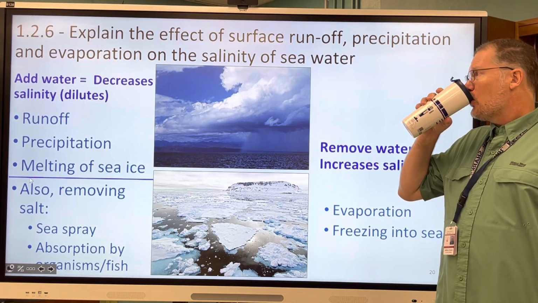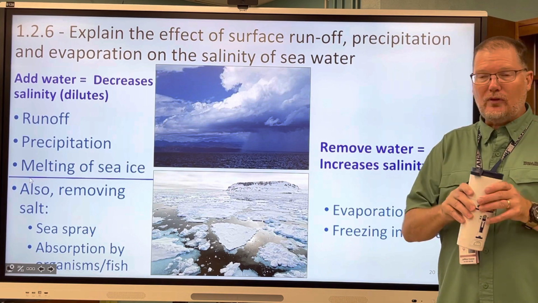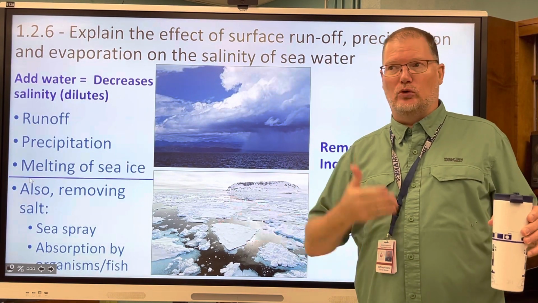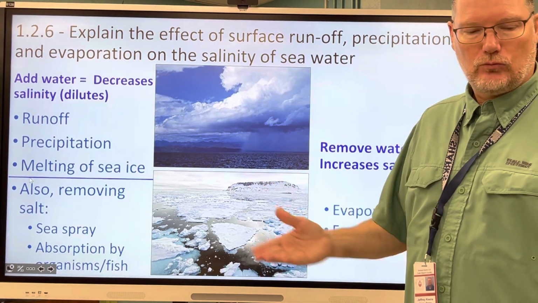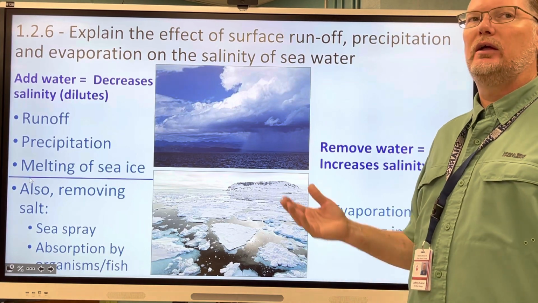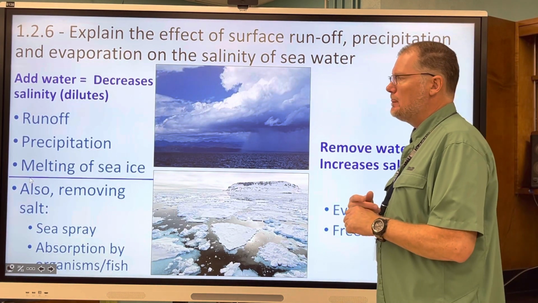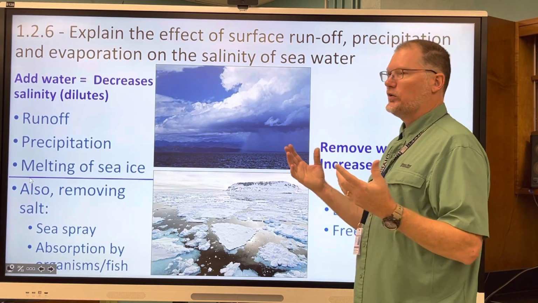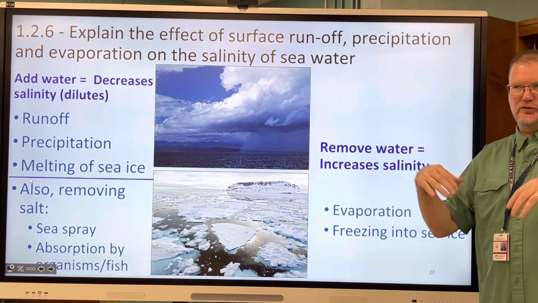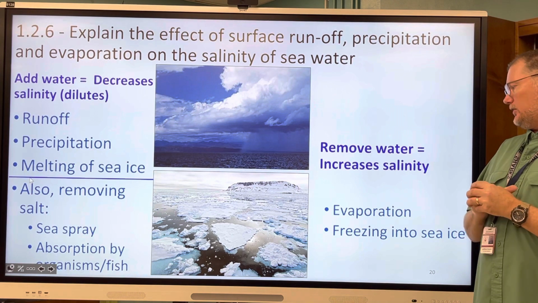So the land is just continually washing into the ocean, so that's going to increase the salinity eventually, over time. And then, of course, melting sea ice will also add fresh water to the mix, right?